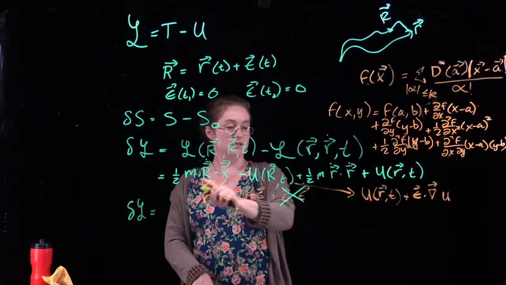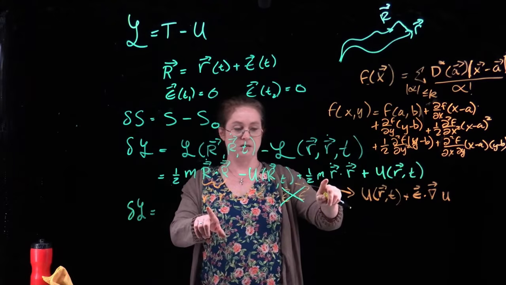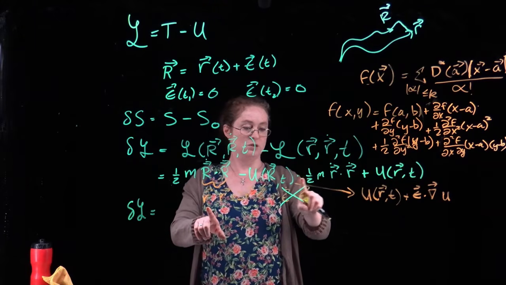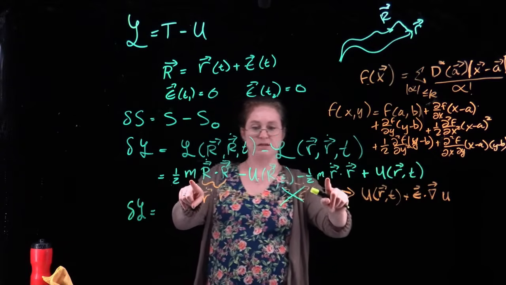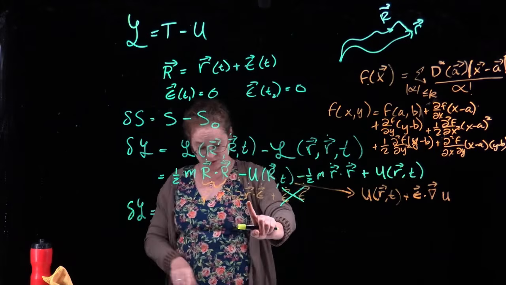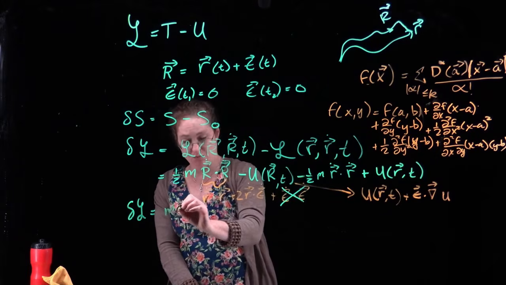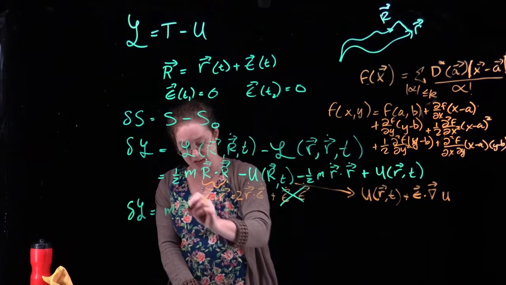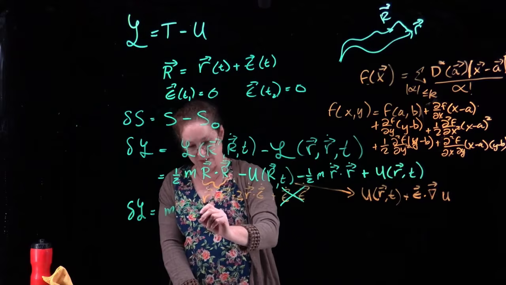All right, so now I can do that, and then this entire term turns out to be delta L. Let's see, I've got this term canceling. Here I got a sign wrong. This term cancels that term, so I am left with just the difference term, which is m r dot dotted with epsilon dot.